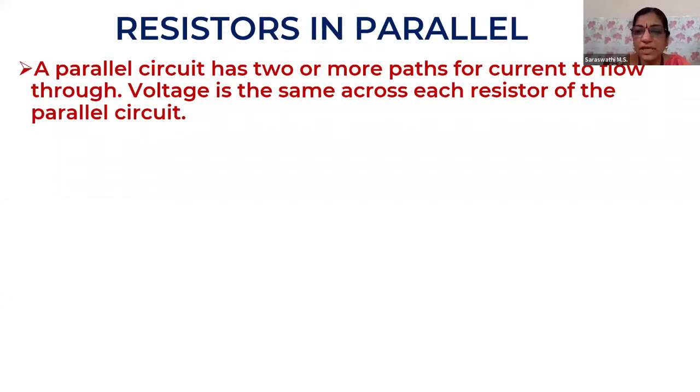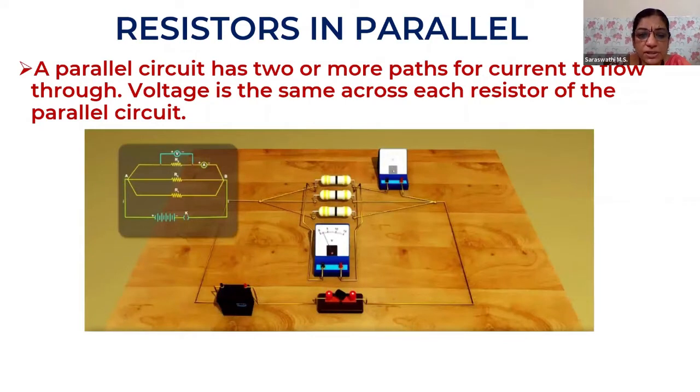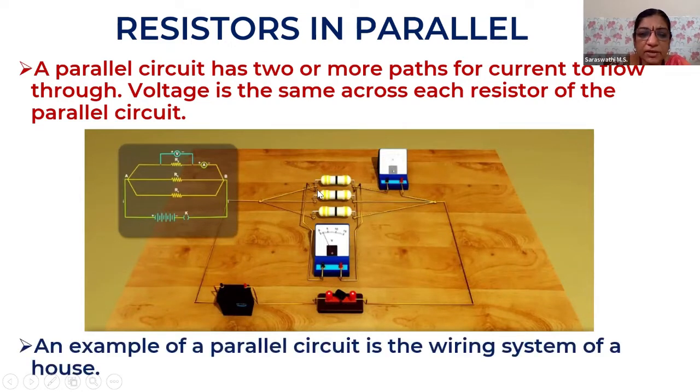Voltage is the same across each resistor in a parallel circuit. So this is how a parallel circuit looks. These are the resistors, and this is the voltmeter which is connected across the three resistors, and they have a common point here. This is in turn connected to a battery and a key. And you're going to have an ammeter across each of the resistors.